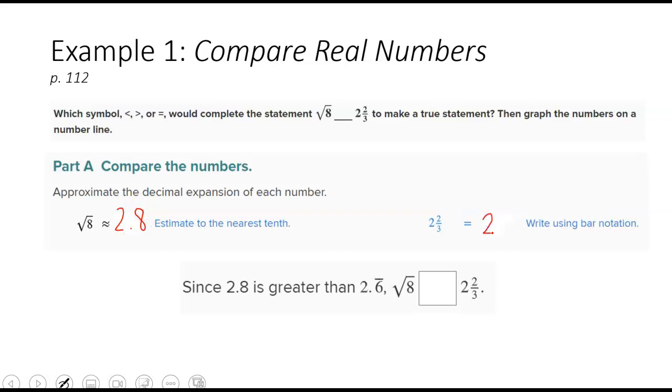We can just figure out what 2/3 is as a decimal, which is 0.6 repeating. And so now that we've figured out what each of these numbers is, we can compare, since 2.8 is greater than 2.6, square root of 8 is greater than 2 2/3.